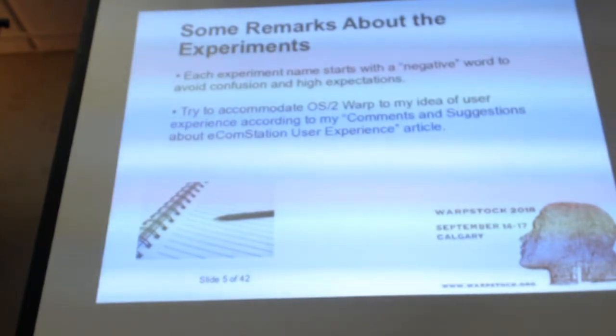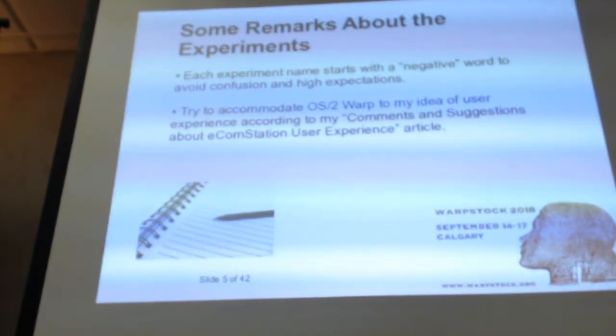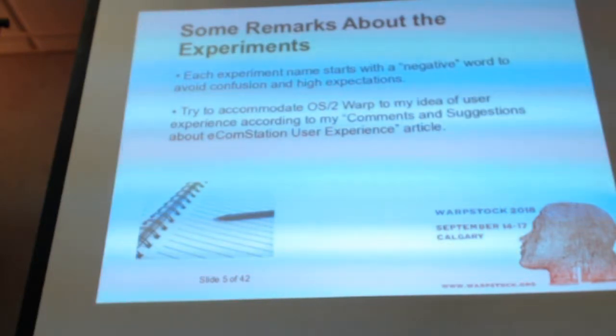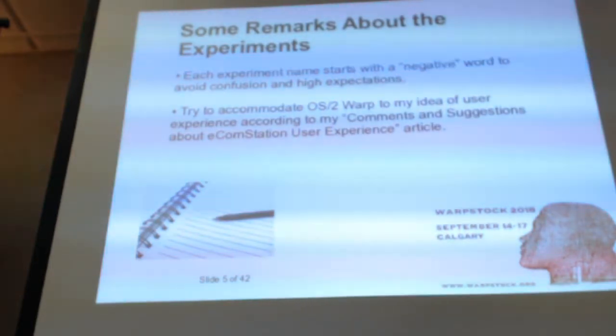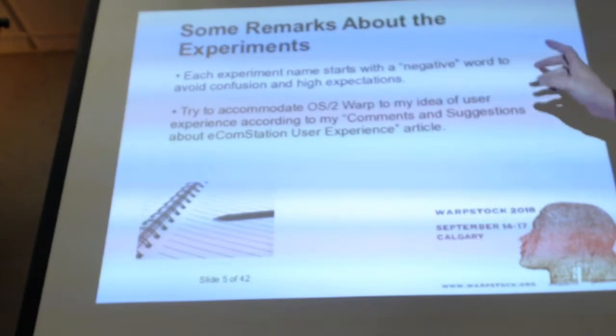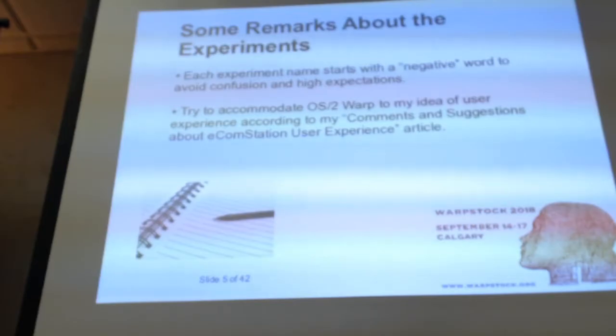Also I try to accommodate OS2 Warp to my idea, to my opinion of what the user experience should be, and it's based on an article I wrote on 12/11 about comments and suggestions about the eComStation user experience. There are some hard things to do in my suggestions, and some easy things to do. I try to do the easy ones, and how I like OS2 to be.